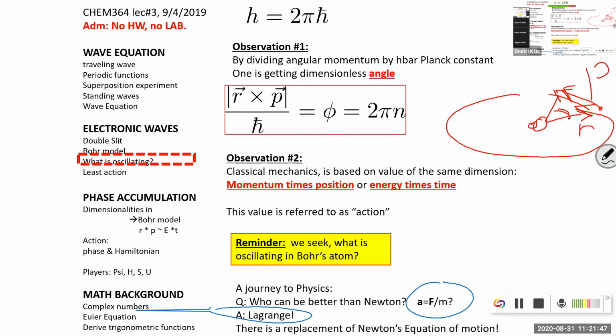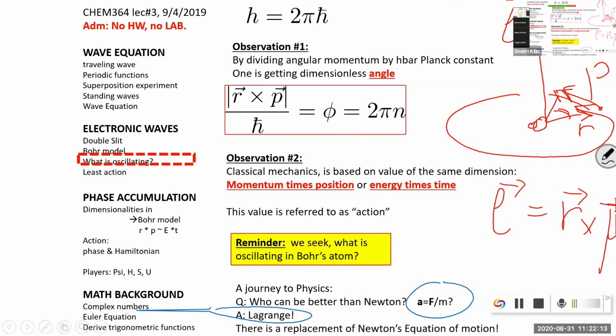And then angular momentum is a vector perpendicular to the plane of the rotation. So it is a cross product of the radius vector and the momentum.